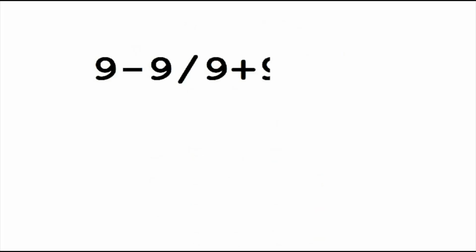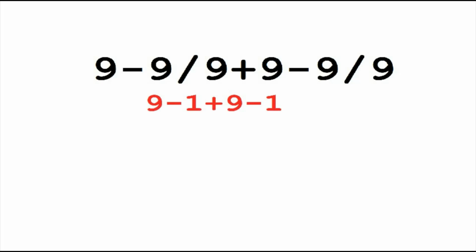9 minus 9 divided by 9 plus 9 minus 9 divided by 9. Confusing? Let us apply BODMAS. 9 divided by 9 is 1, which happens 2 times. Now we can see that people might get confused as to add what to what.